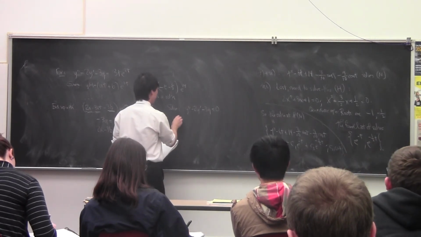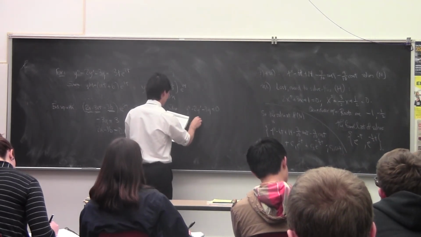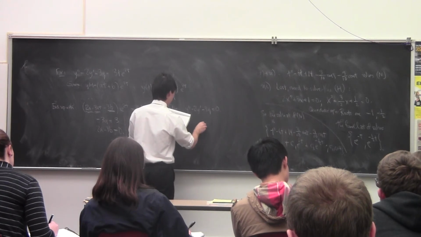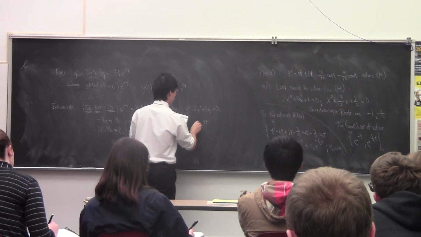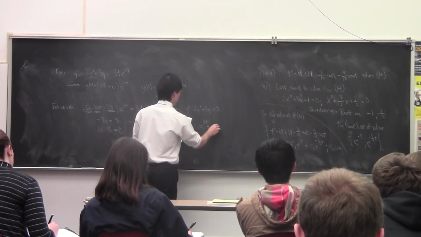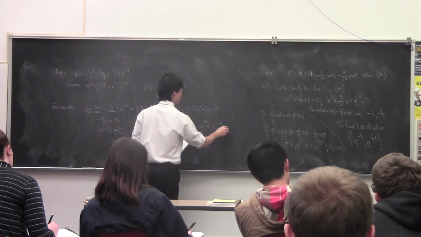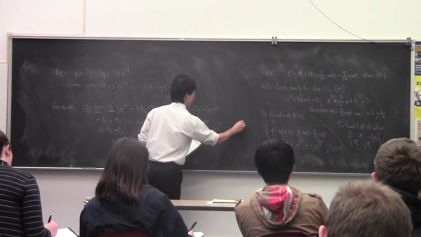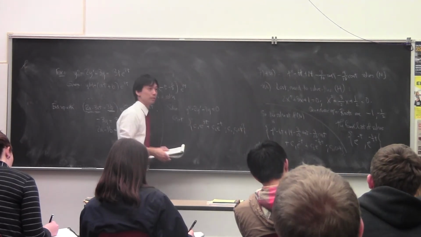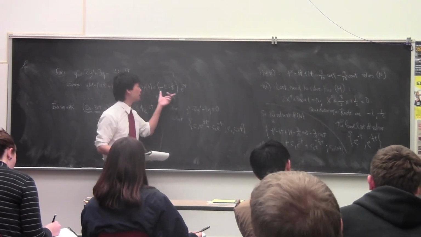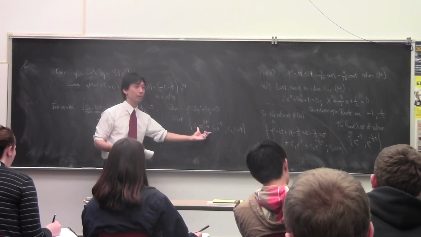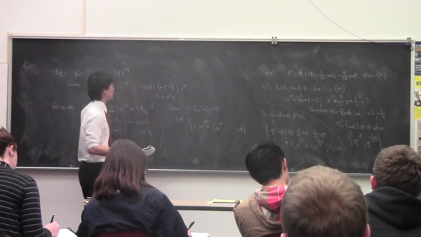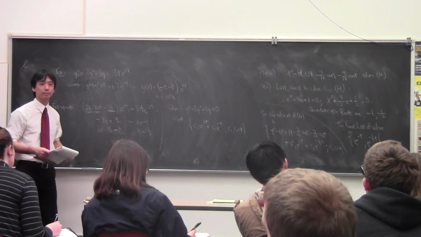And you end up, as before, with c1 e to the 3t plus c2 e to the minus t. This turns out to be the fundamental set of solutions, and then you take this one guy and add on all combinations here, and you get the solutions to the non-homogeneous equation.